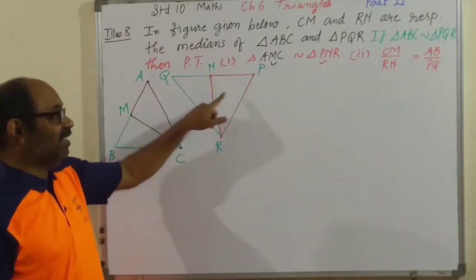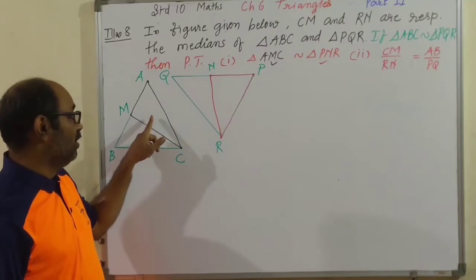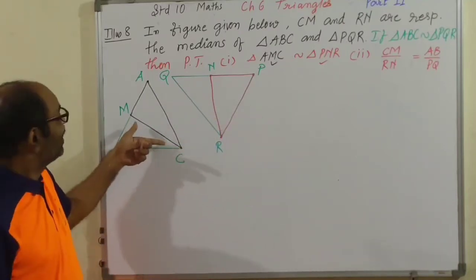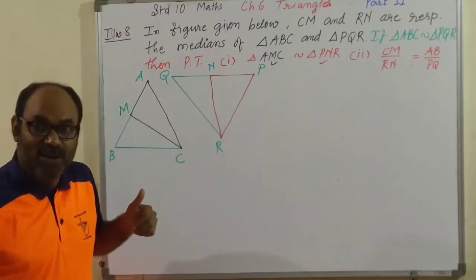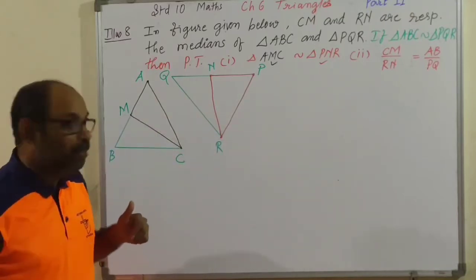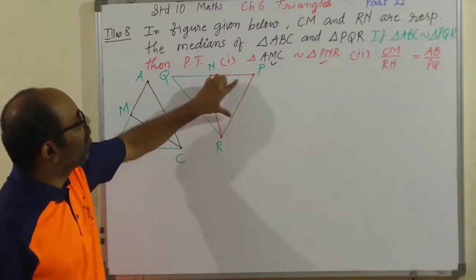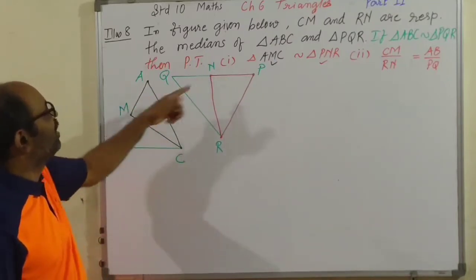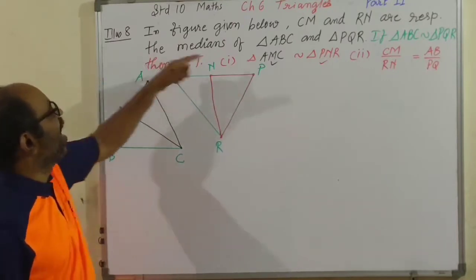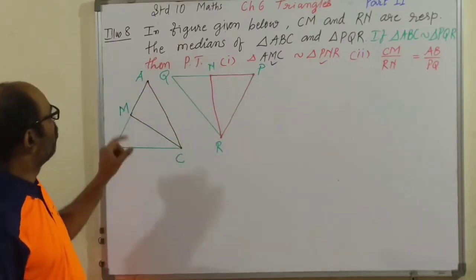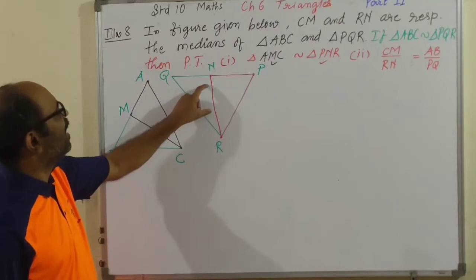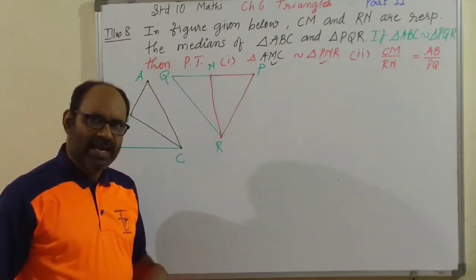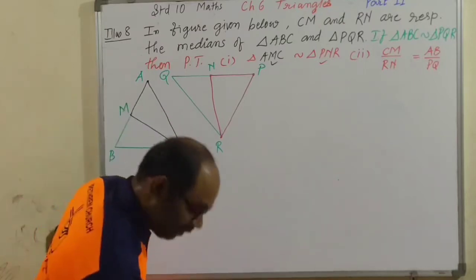Children, if you succeed to prove this black triangle is similar to red triangle, then you will get one ratio CM upon RN from the correspondence. But what you will get is CM upon RN is equal to AC upon PR is equal to AM upon NP. But we have to prove CM upon RN is equal to AB upon PQ. It will happen, we'll see.